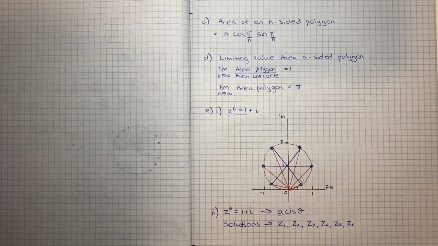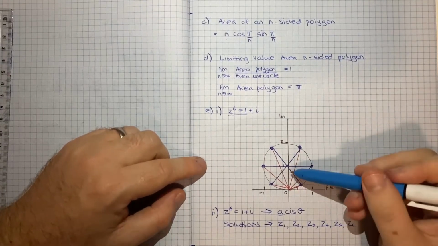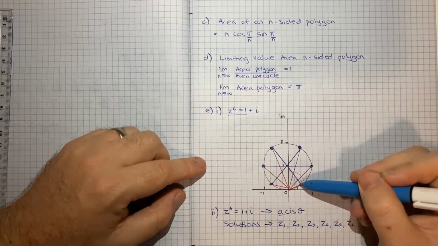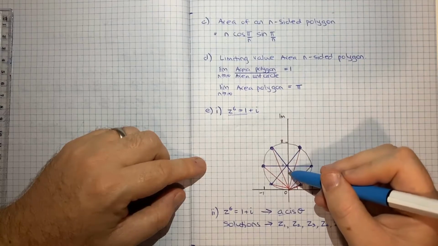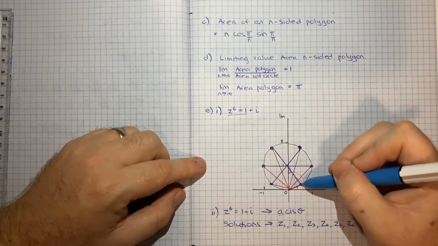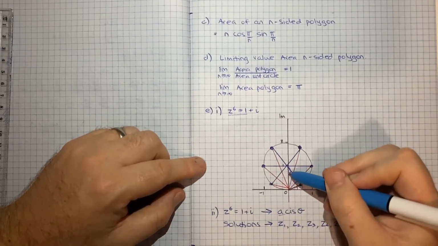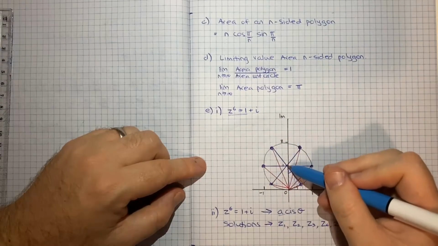So I'll have to turn over, but for the first one, I think we're going to need trigonometry here, and this triangle here is going to help us. Because I know this angle, and I know the length of this line, it's 1 because we're sitting on a unit circle. And I know this line too, it's also 1 because we're on this unit circle and this is the new origin.